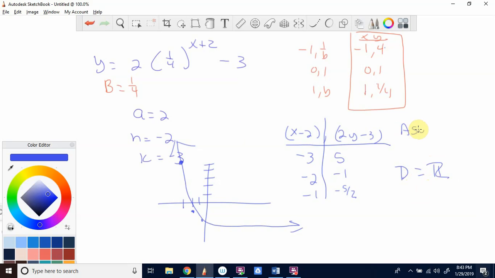Let's look at what our asymptote is. We look at k. It was 0, but it went down 3, so our asymptote is y equals negative 3. And what is our range? It's y greater than negative 3. So it's going to approach negative 3, but never touch negative 3. All right, so pause it or stop it and do guided practice 4A and 4B.